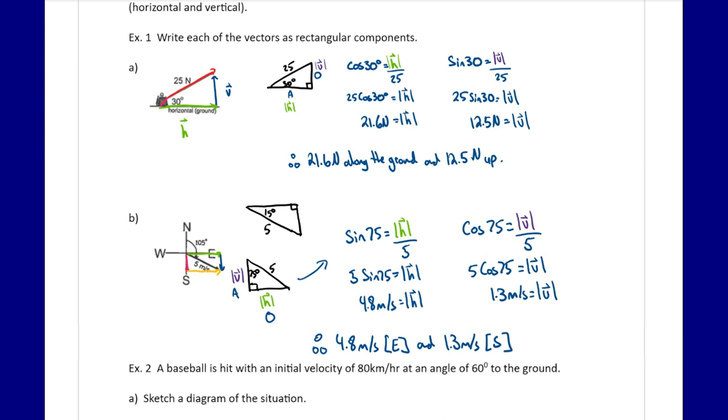So those would be the two rectangular components. Right, so I can represent them as two vectors, essentially, a horizontal and a vertical vector.